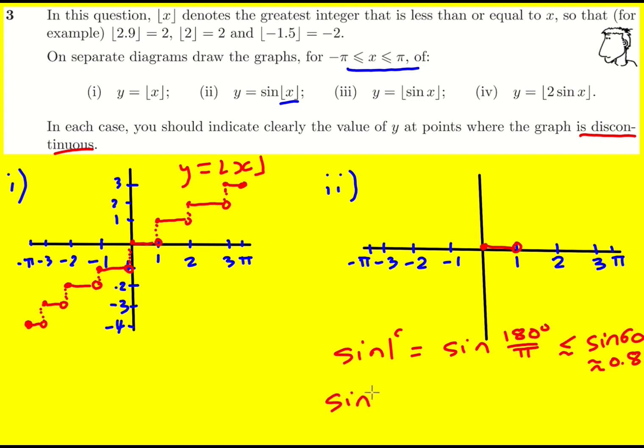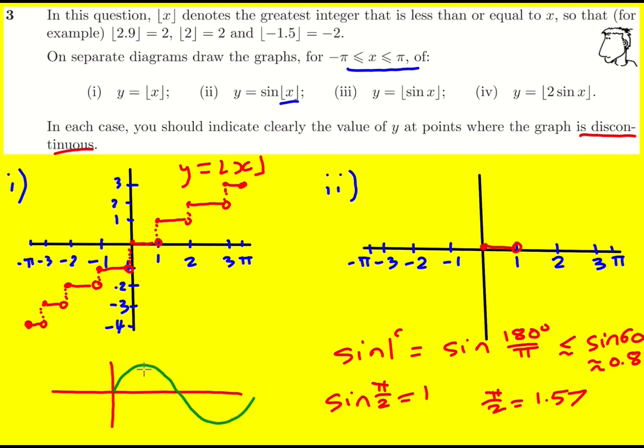Now, it's sine of pi over 2. We're never actually going to get that here because of the floor function, but that is equal to 1. And pi over 2 is 3.14 divided by 2, so it's going to be about 1.57. It's actually a good idea to get the sine graph drawn, but I'm going to illustrate my point in a second. So this is pi over 2, which is about 1.57.